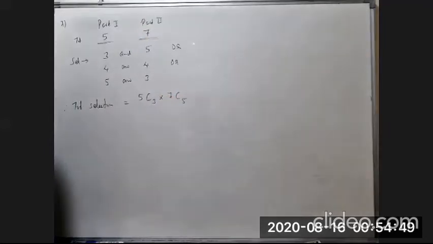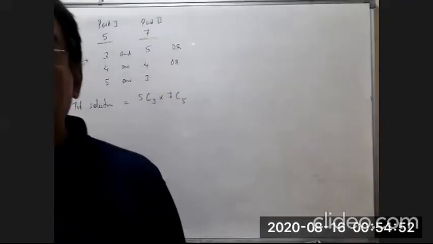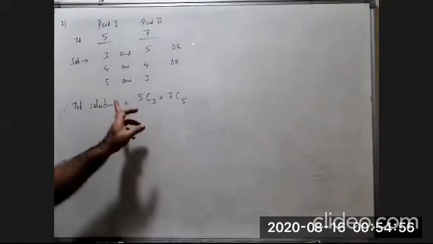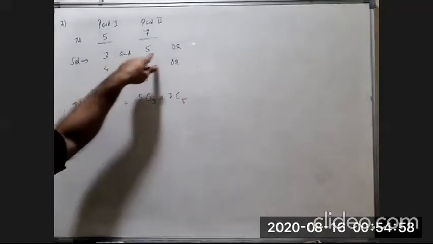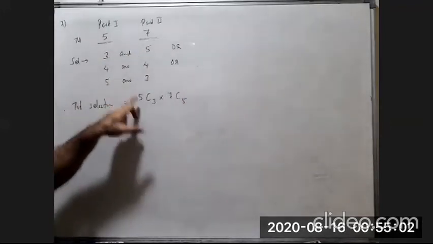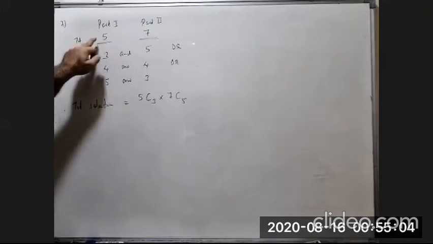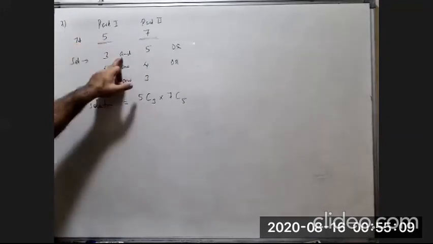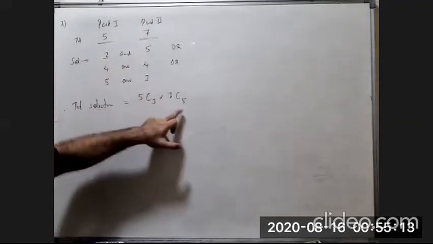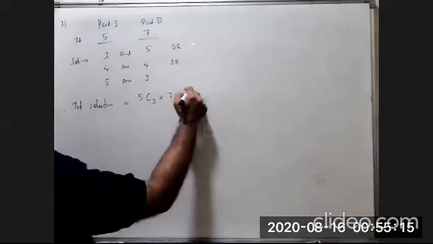It is the same as the selection of boys and girls that we did before. Same thing. I am not writing in words. In an examination, even if you are writing this way, no problem. So from the 5 questions in part 1, we selected 3, and into the 7 questions from part 2, we selected 5, 7C5, or plus.